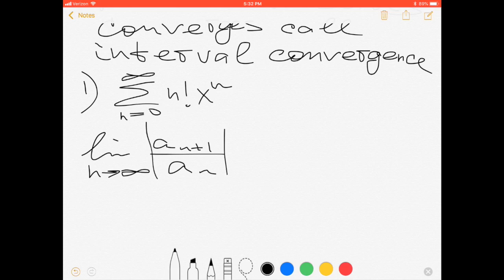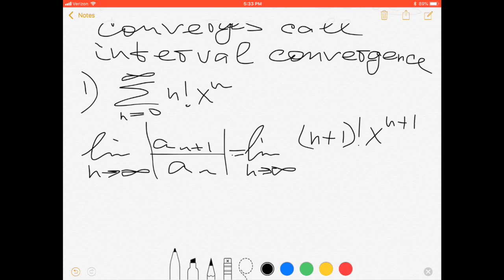This limit we need to find. It will be the limit of (n plus 1) factorial x to the power n plus 1 over n factorial x to the power n. Simplify, we cancel: the factorial and n factorial cancel.